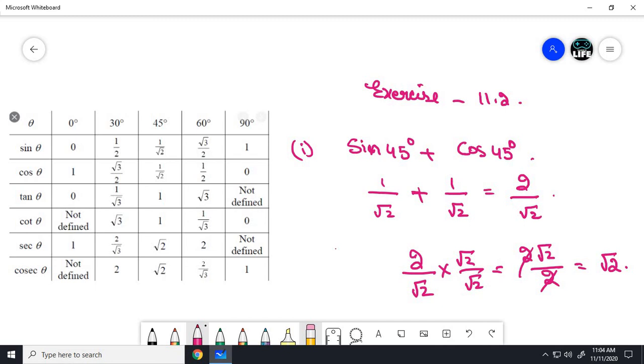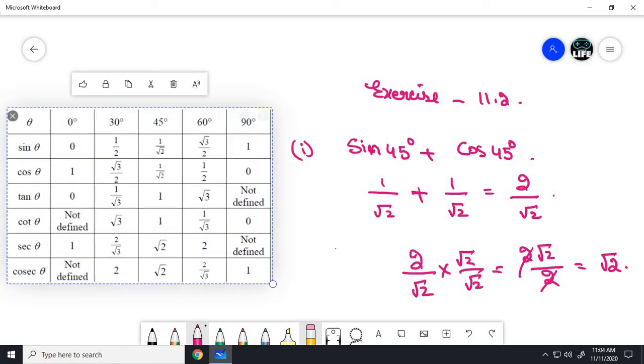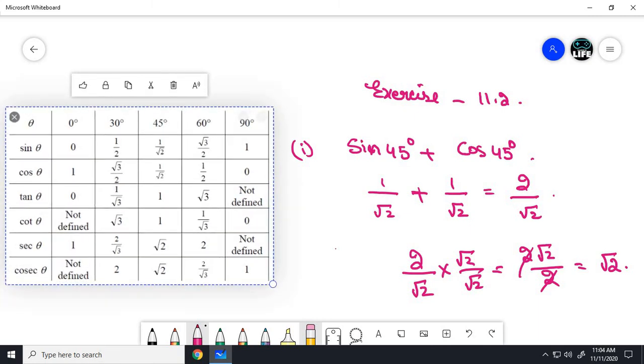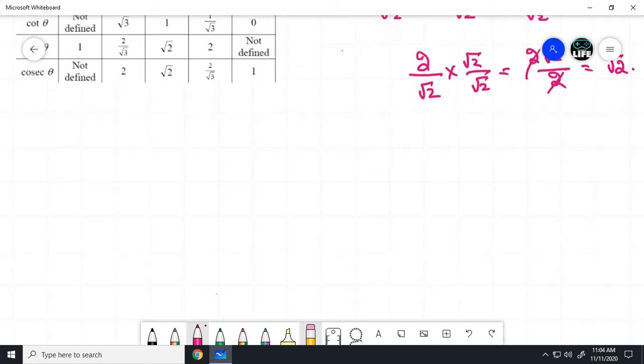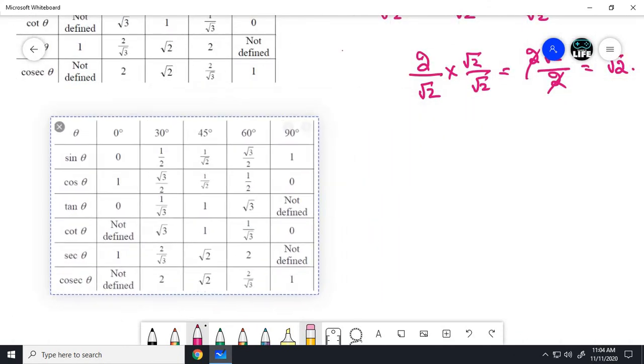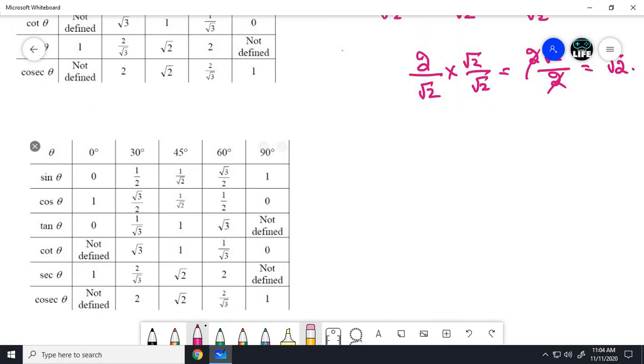So now let's do the next sum. Second sum is cos 45 degrees by secant 30 degrees plus cosecant 60 degrees.